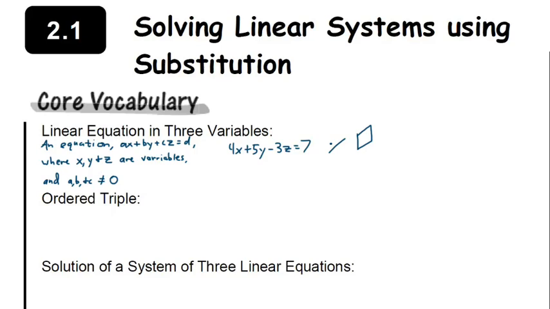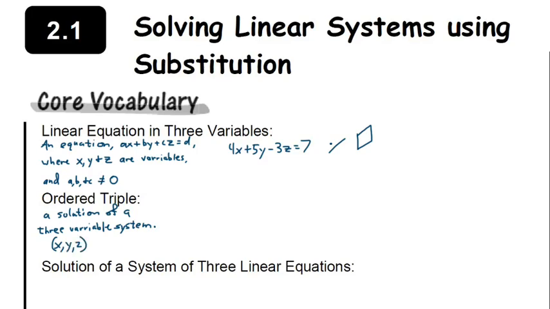An ordered triple is a solution of a three-variable system. It's in the form x, comma, y, comma, z.